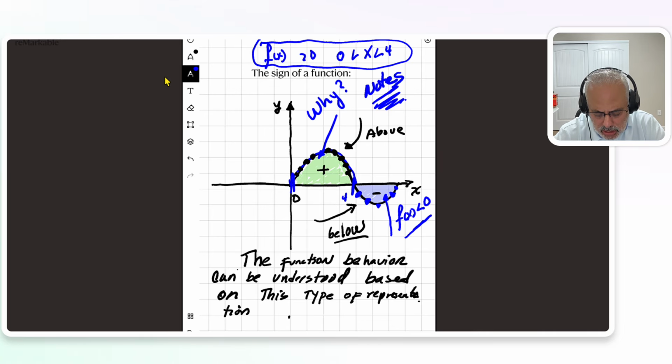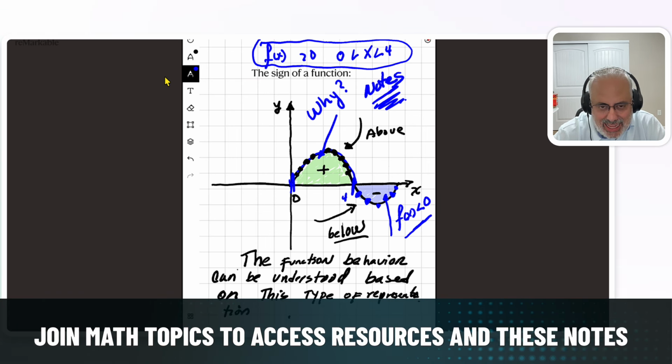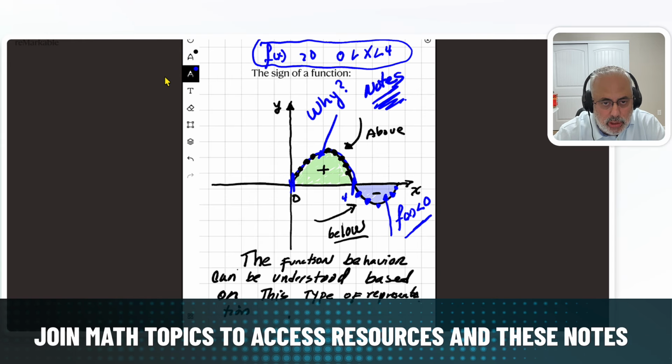And you can do this for many other examples, procedures, for example. So I have notes for procedures, how to write the equation of the line. What do you need to write the equation of the line? Okay, you need 2 points, or you need the point and the slope.